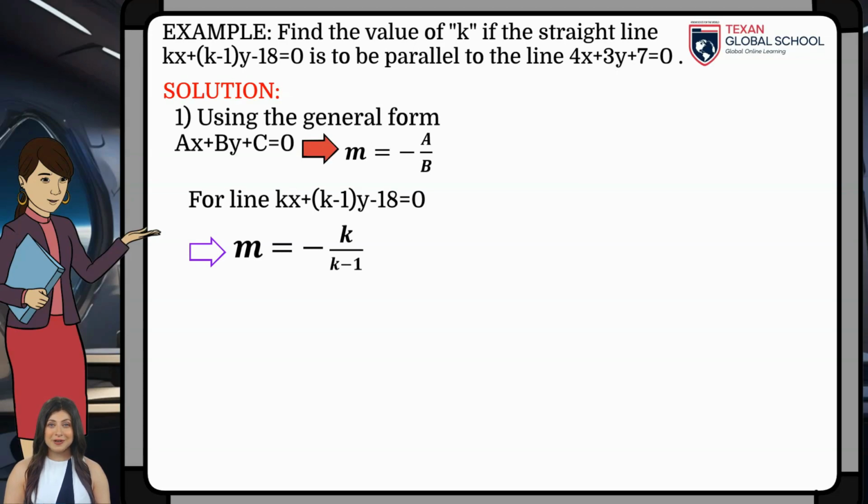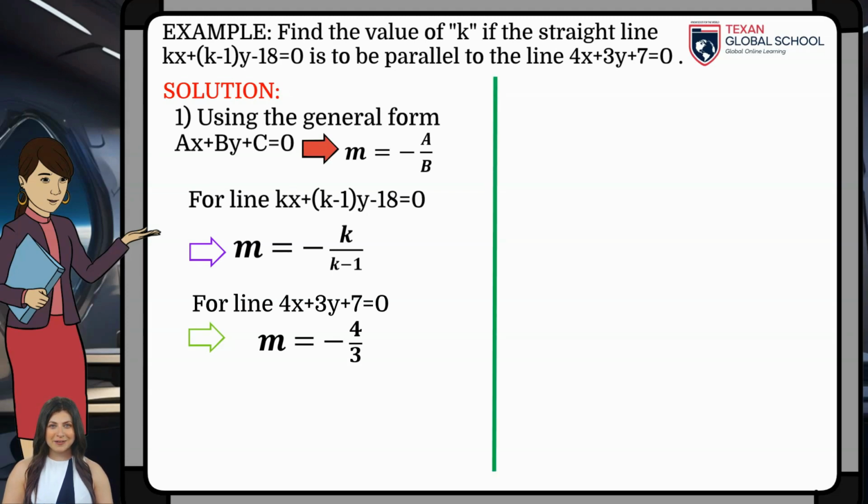Then, obtain the slopes of both lines with the relationship m equals -a/b. For the first line, we have that the slope m is equal to -k/(k - 1). For the second line, the slope m is -4/3.